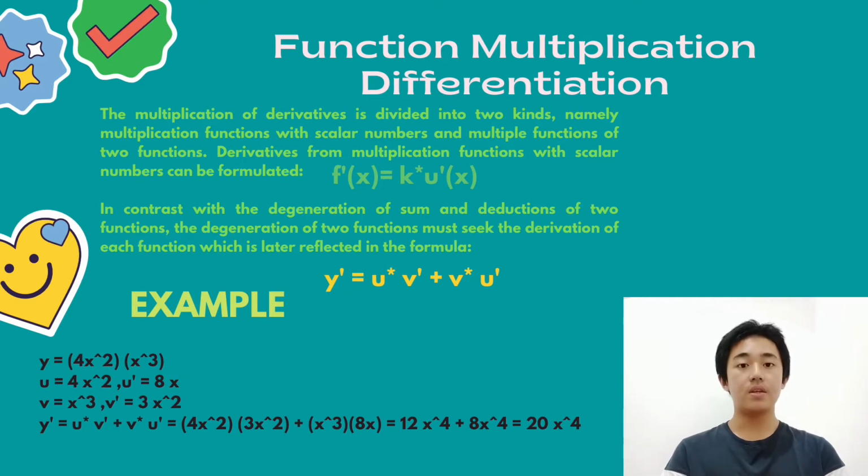Because both have the same power, we can combine them, and that gives us 20 and the power of 4. So y prime, or the derivative of y, is 20x to the power of 4. So the answer is 20x to the power of 4.